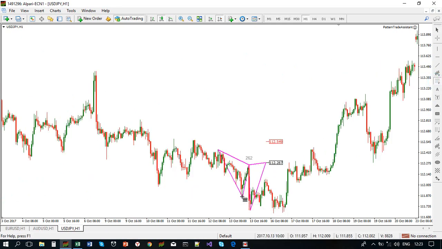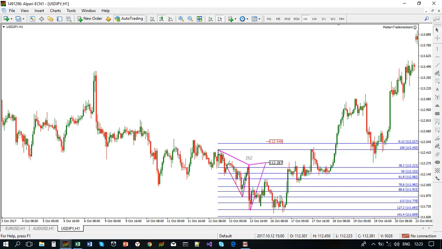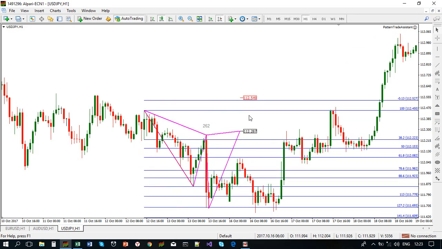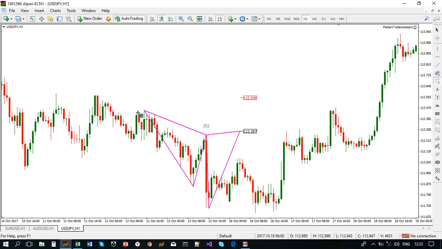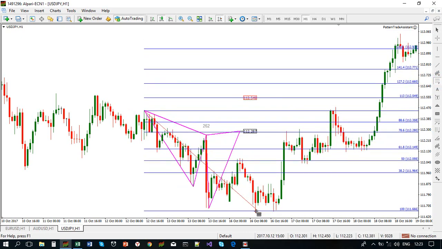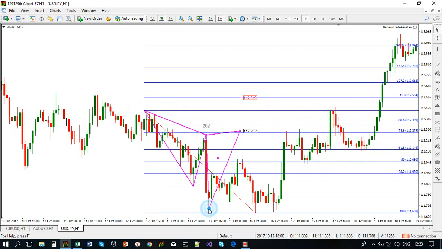Let's check the C point, and it seems to me that it is okay. Then let us redraw the cipher because of new information, new chart information. Stretched here and goes here. Yes, so our entry is the end of this triangle.